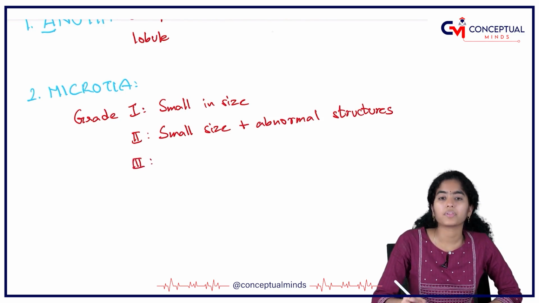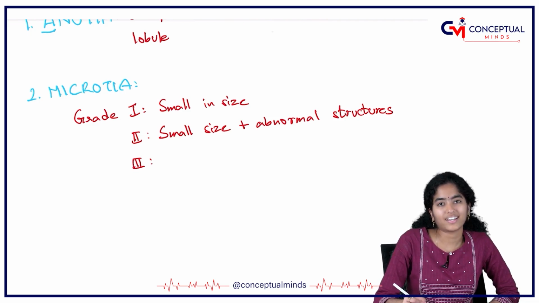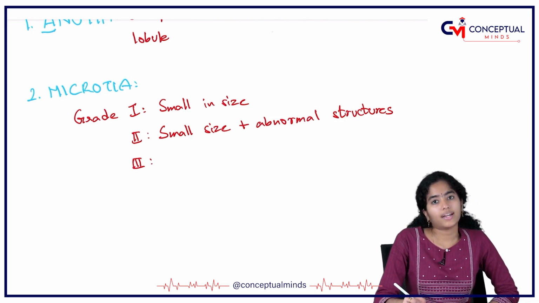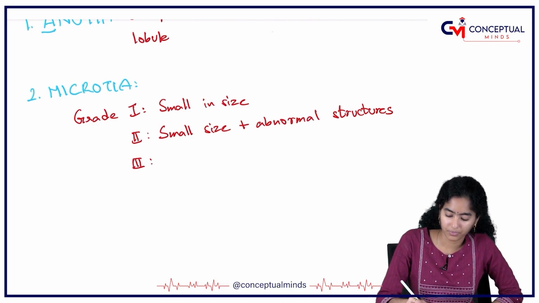In grade 3, there is just a vertical mass of soft tissue and cartilage, which is associated sometimes with the atresia of external auditory canal. There is just a vertical mass of tissue.